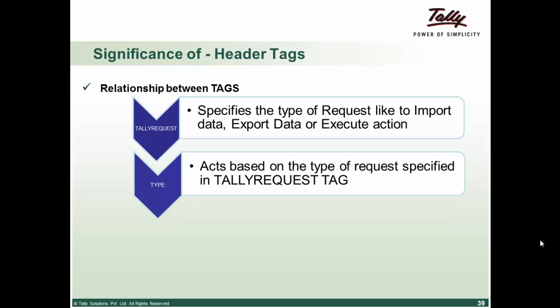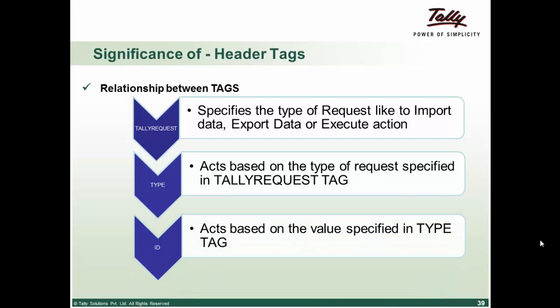Based on the type of request specified in the request tag, the type tag will act. So what is your Tally request? Based on that, the type tag will act. An ID tag acts based on the value specified in the type tag.